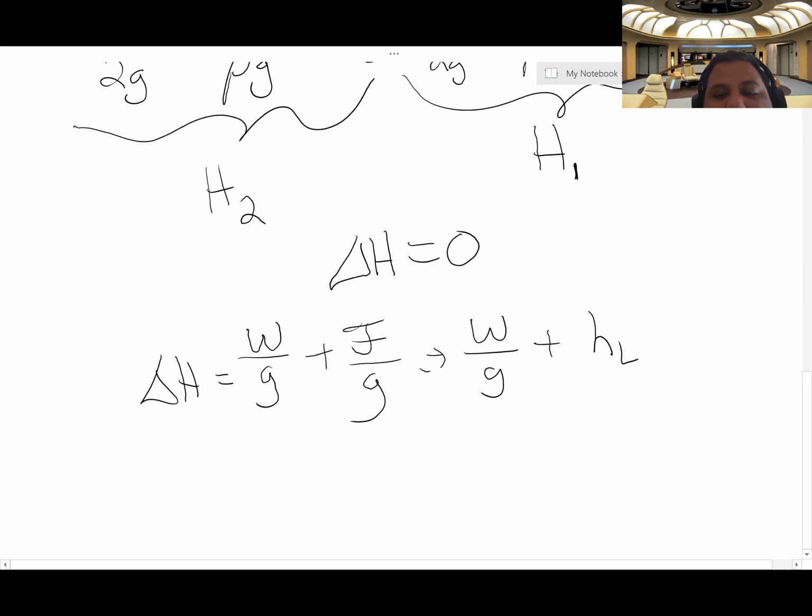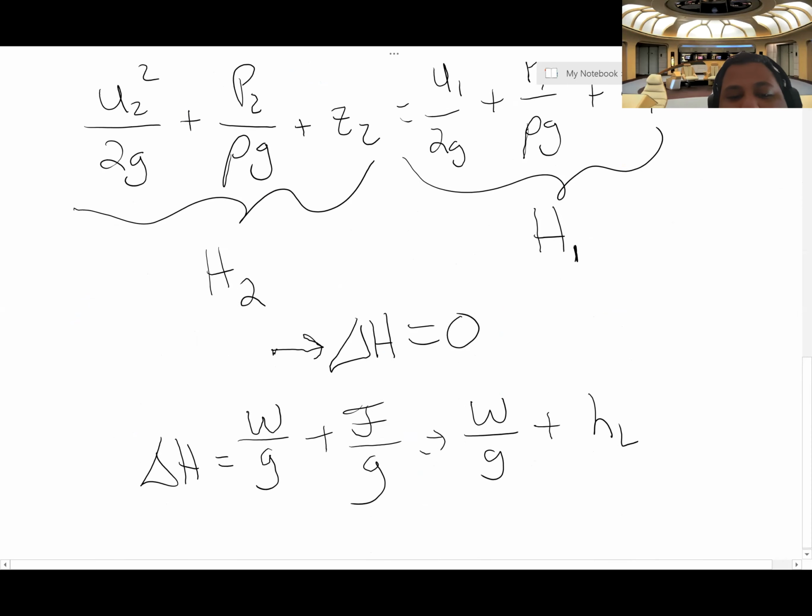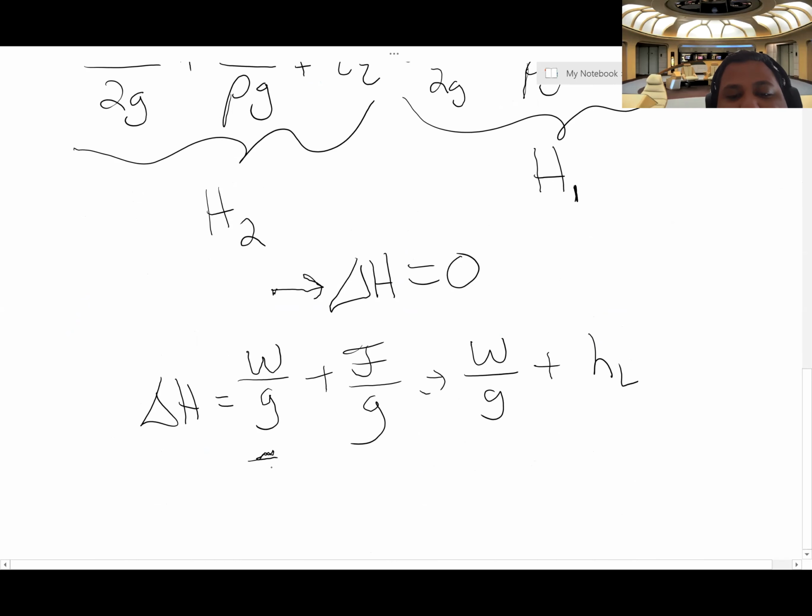From that, you can identify in any sort of energy balance what is the change in head necessary in that flow system as a result of both work that must be done as well as expected head loss, or energy losses by the fluid in the system.